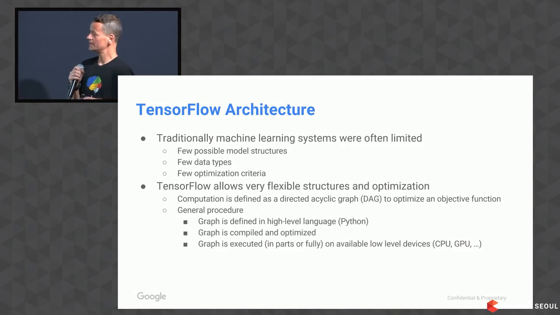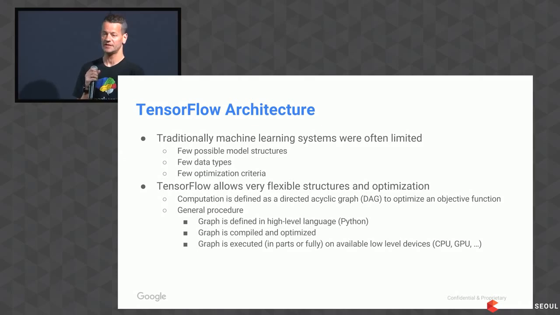So also the data types, right? We wanted to handle images. We wanted to handle possibly 3-, 4-dimensional data. We wanted to handle sequences, video sequences, anything you can imagine. So we can also do that. Then optimization criteria is the same thing.